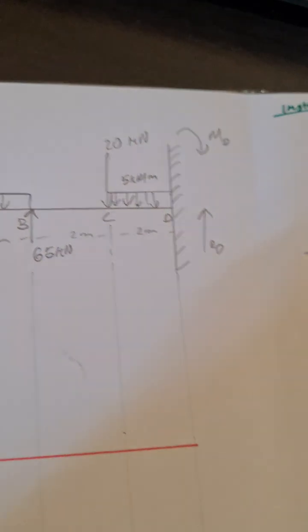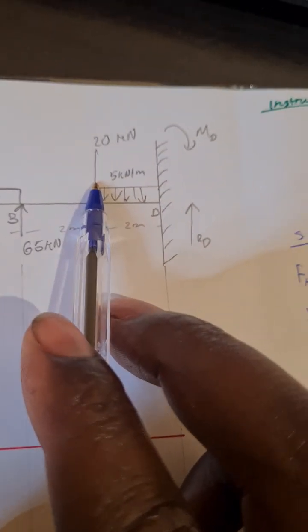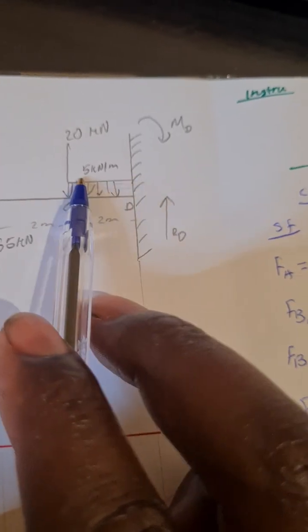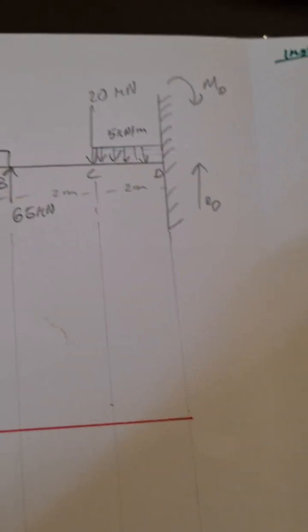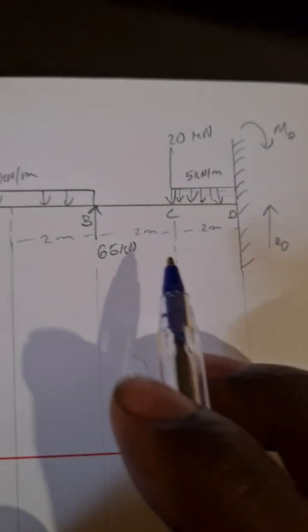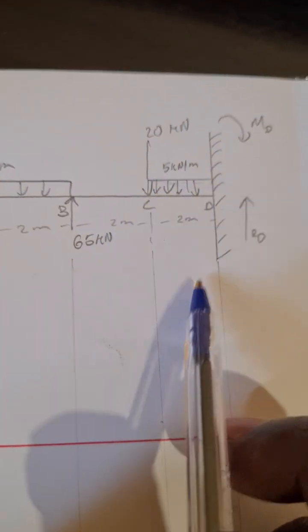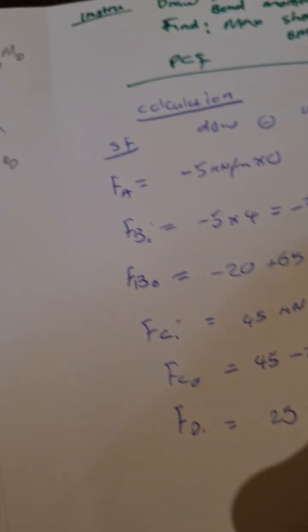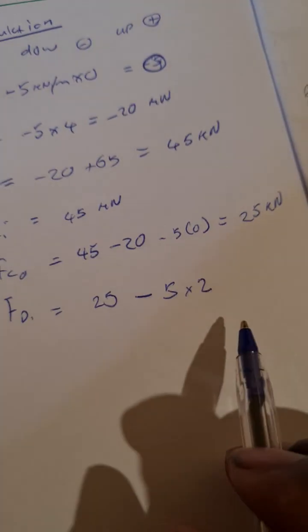Before D we already have 25 here, and then we accumulate the UDL, so it's gonna be 25 minus 5 times 2. Why times 2?